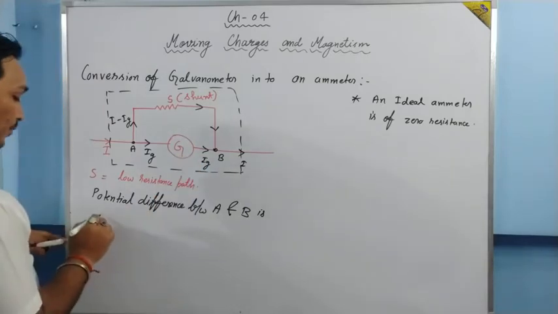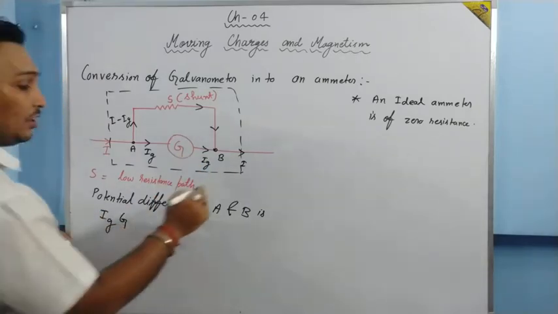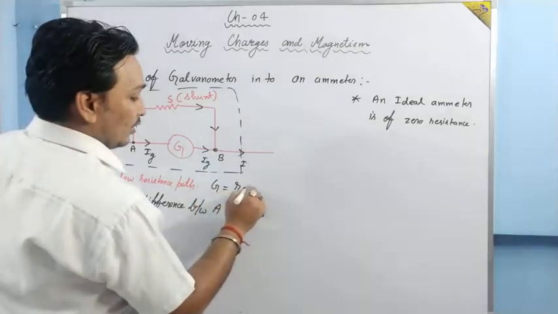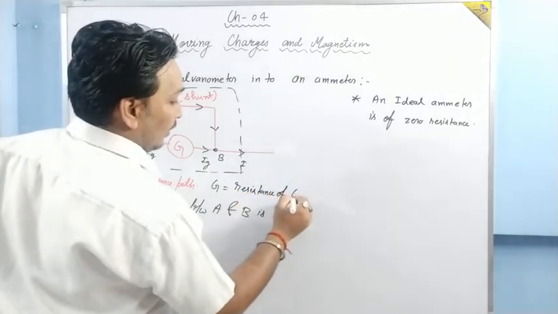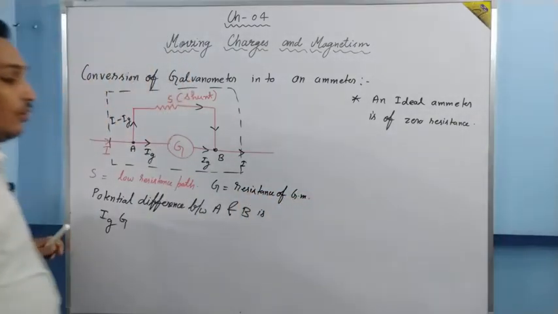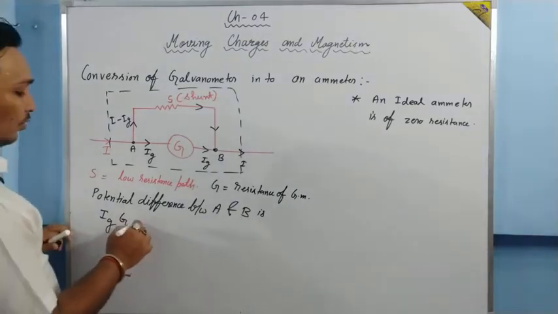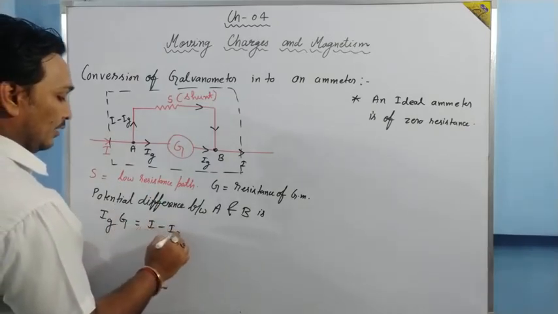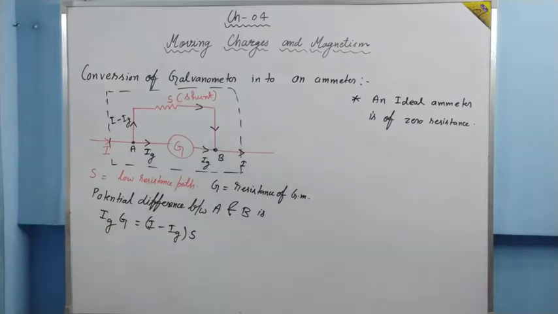according to this, Ig into G, where capital G is the resistance of the galvanometer. Ig into G is the voltage drop, and from this path it will be I minus Ig into S. This is your main equation, right?